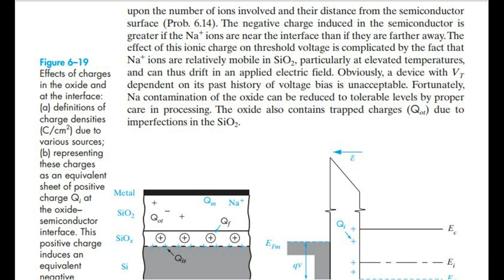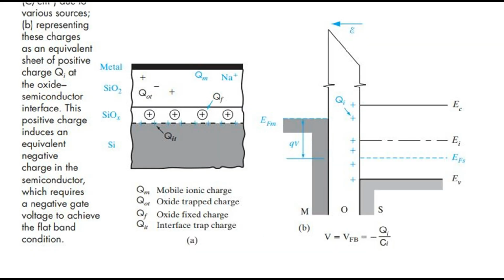The oxide also contains trapped charges, Qot, due to imperfections in the silicon dioxide. In addition to oxide charges, a set of positive charges arises from interface states at the silicon dioxide interface. These charges, which we will call Qit, result from the sudden termination of the semiconductor crystal lattice at the oxide interface.